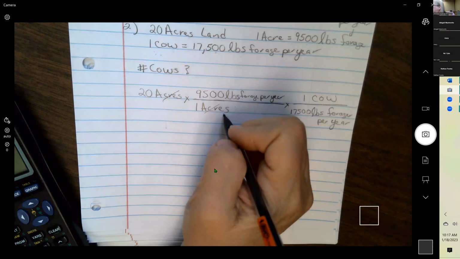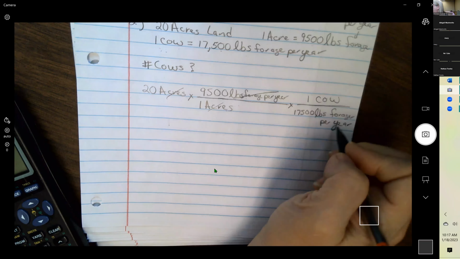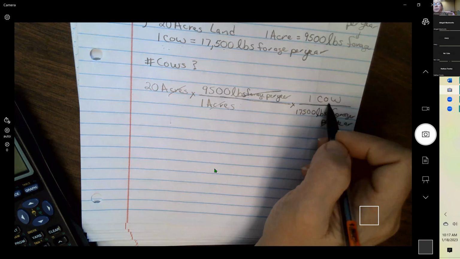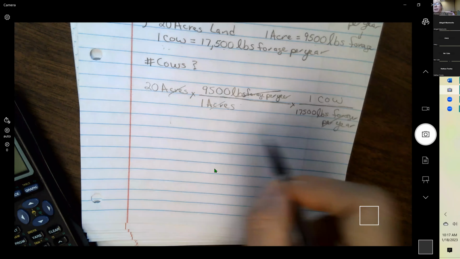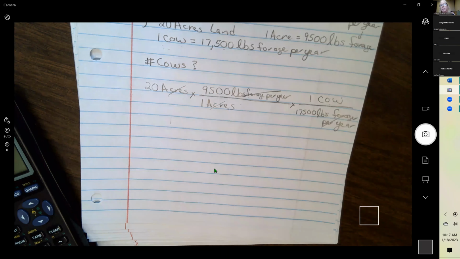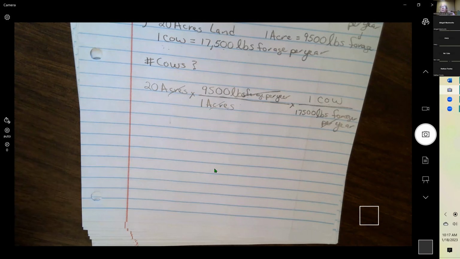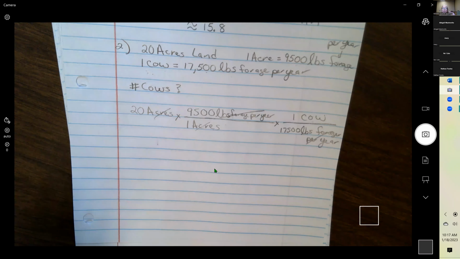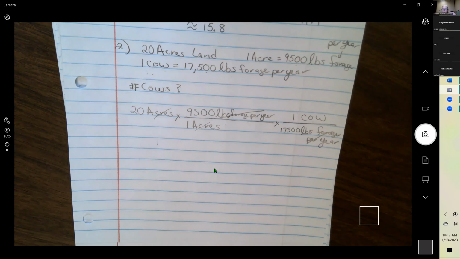So our acres canceled, our pounds of forage per year canceled, and it left cows. So when we solve this, it will tell us the number of cows. So how many cows can Beefy Acres sustain?